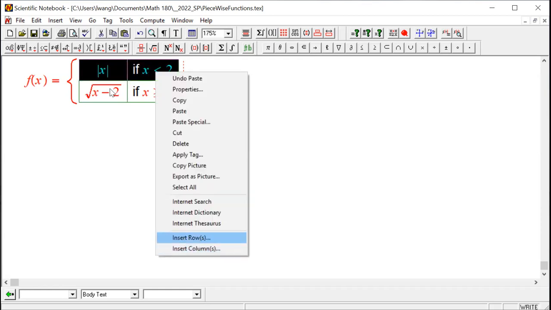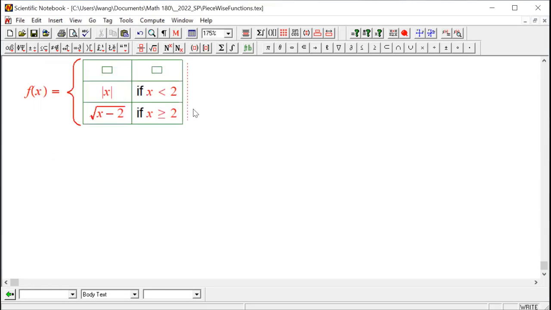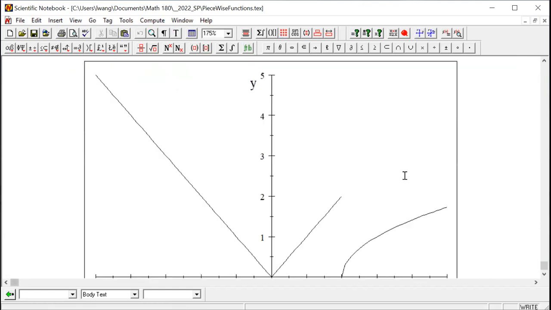I'm going to insert a row above. For x between 0 and 2, it's going to be x. Otherwise, it's negative x if x is less than 0. I think this will work. There, yes, it does.